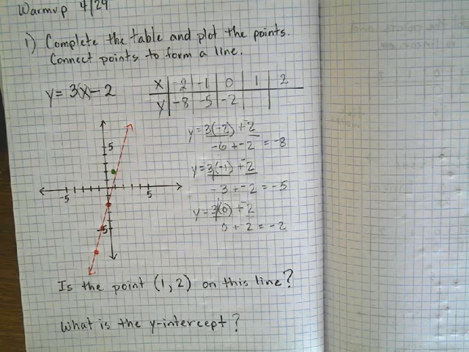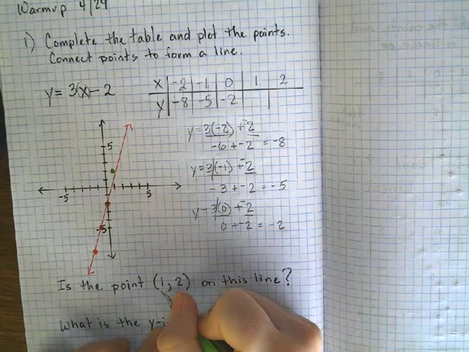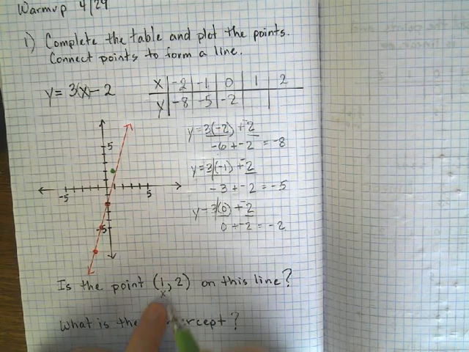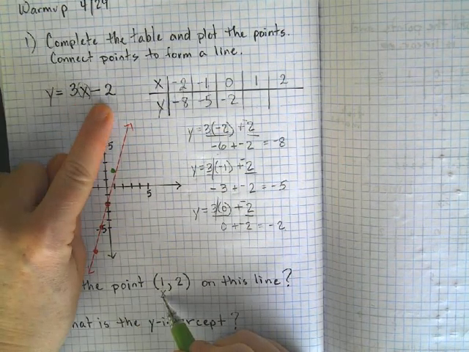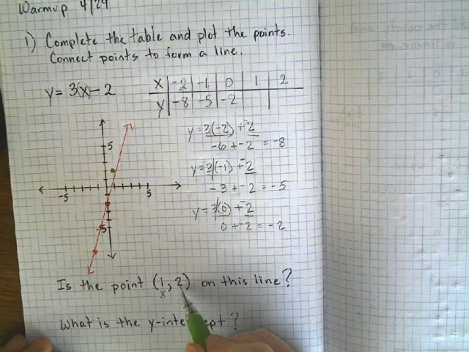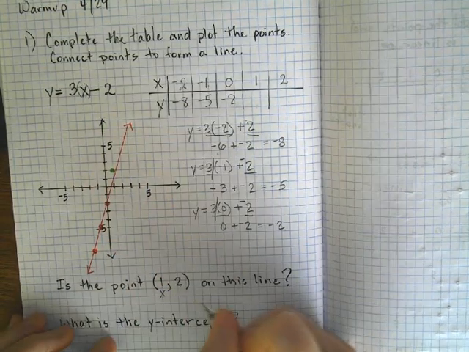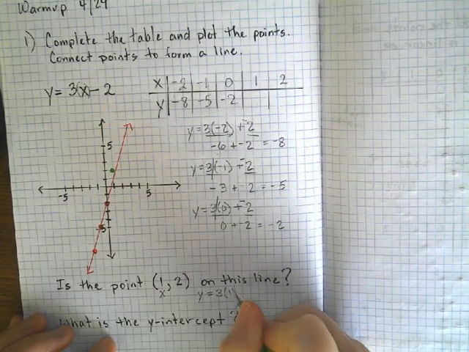So one thing I can do to figure this out is remember the 1 is x and the 2 is y. So if I take 1 and I put it into the equation, do I get this 2? So if I put 1 in for x, I have y equals 3 times 1 minus 2.